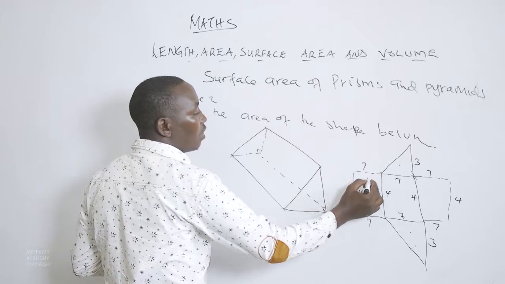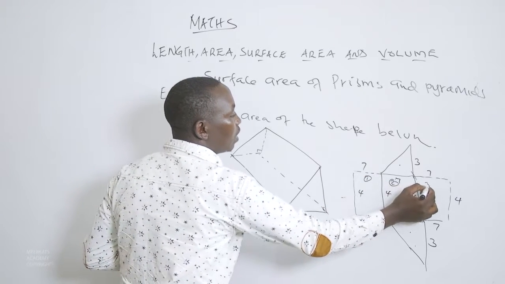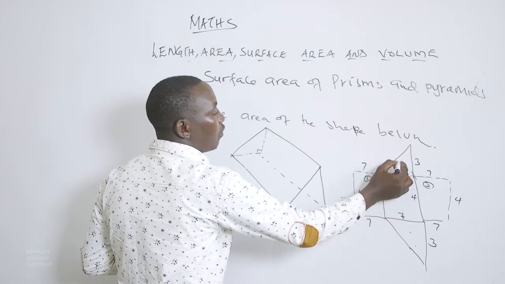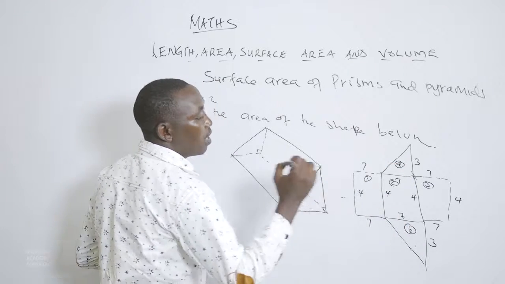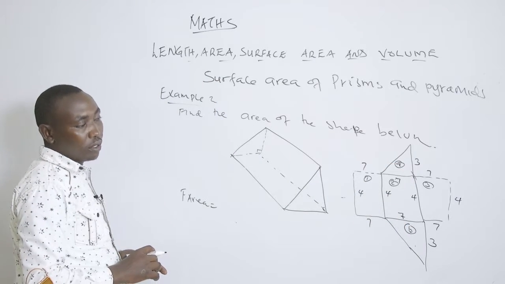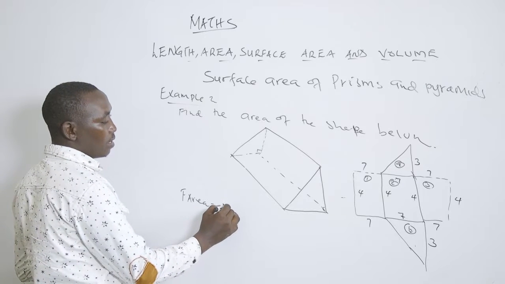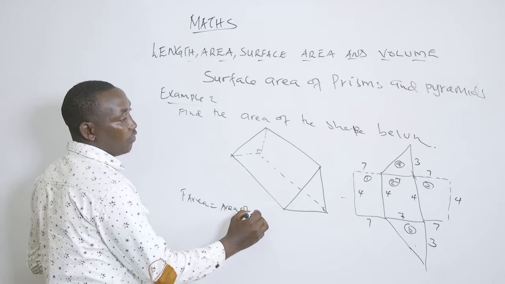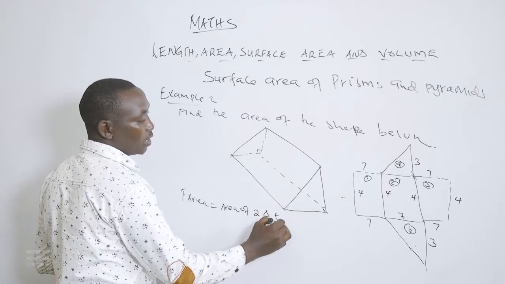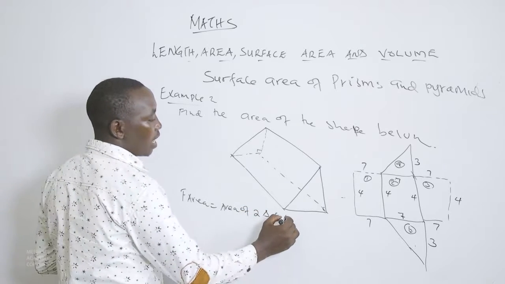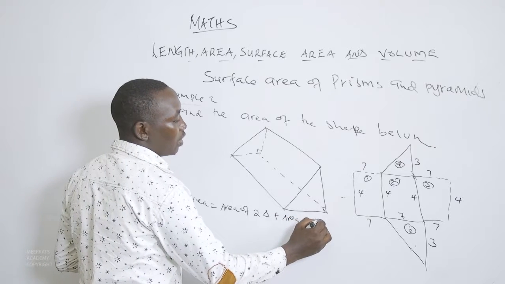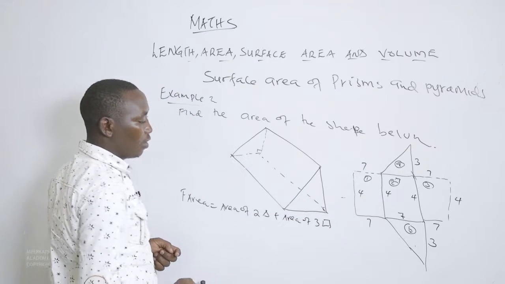We have 1, 2, 3 rectangles, and we have 2 triangles. So total area will be given by the area of 2 triangles added to the area of 3 rectangles.